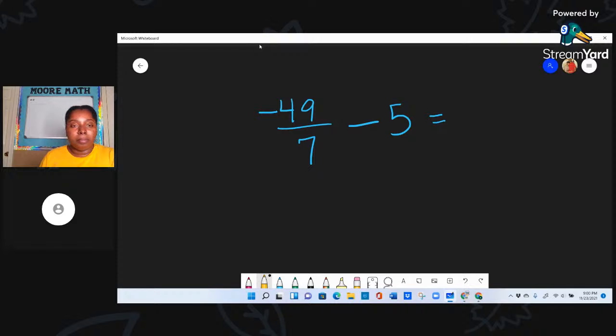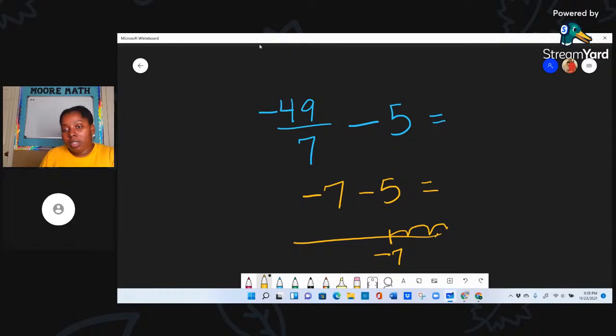So where'd you start? Oh, sorry, I was muted. Negative 49 divided by 7 is negative 7. Good. And negative 7 minus 5 equals negative 2. Okay, so if I start at negative 7, am I going up if I subtract 5 or down? Down.